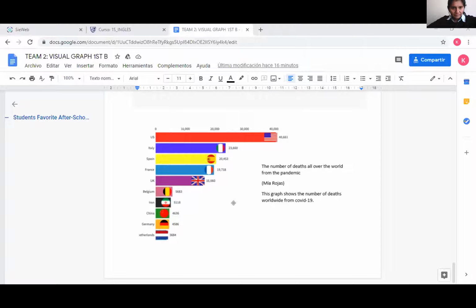Well, here the highest country is the USA with 4,661 deaths, and the lowest is the Netherlands, or other low countries.